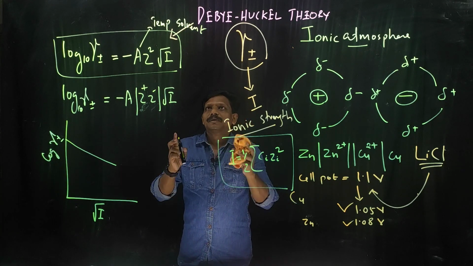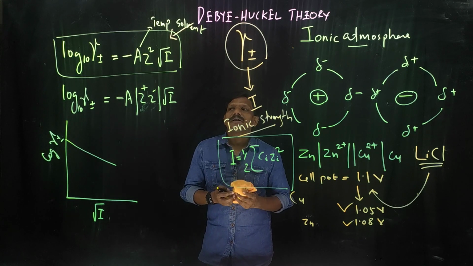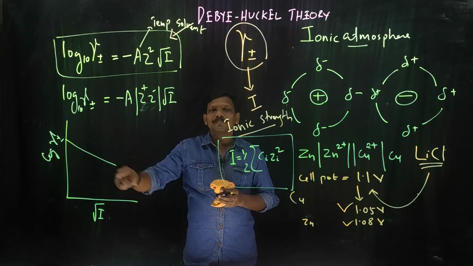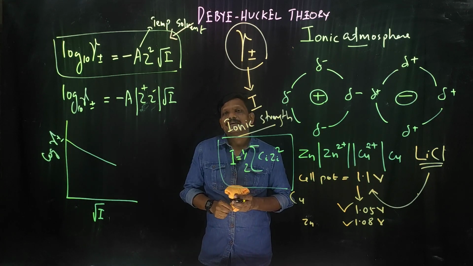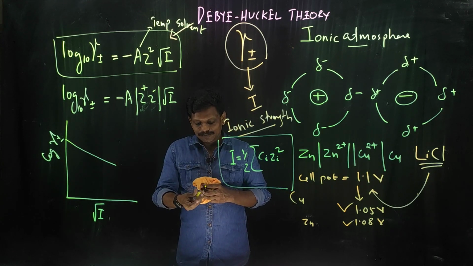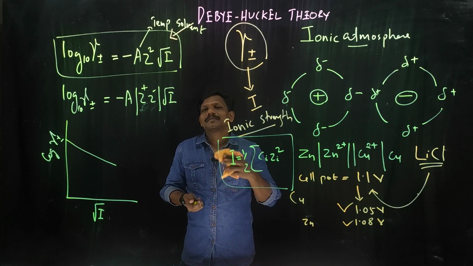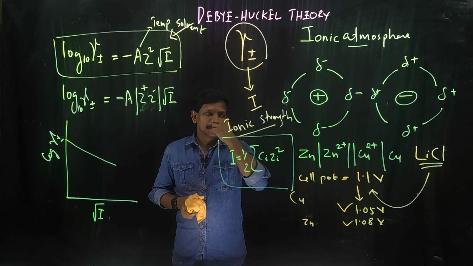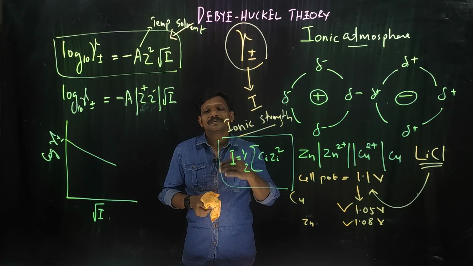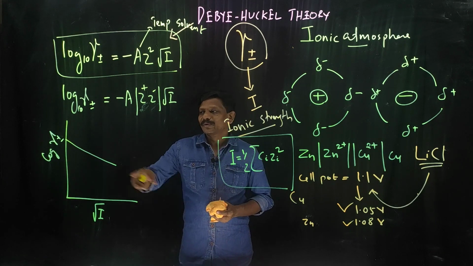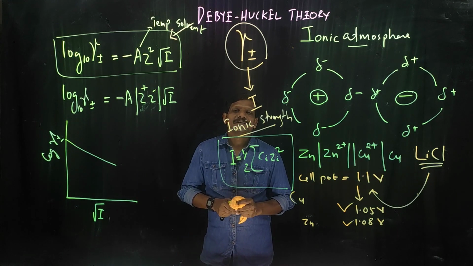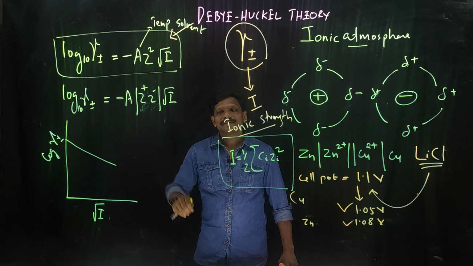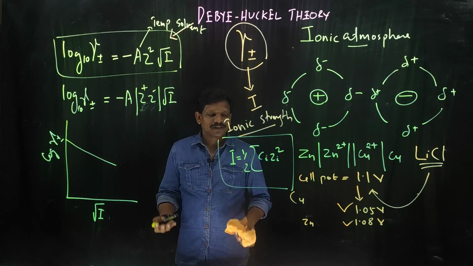If your electrolyte is obeying Debye Huckel theory, it will be a straight line. But that will be obeyed by a very dilute solution. If your solution is a little bit concentrated, that means if it is not very dilute, it will not obey Debye Huckel theory.